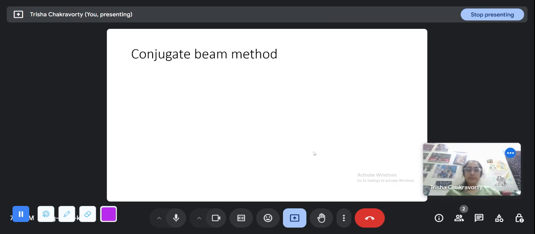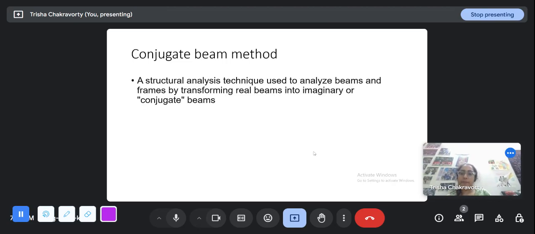Now we move on to the conjugate beam method, a structural analysis technique used to analyze beams and frames by transforming real beams into imaginary or conjugate beams. This is just an idealization; we are not actually converting it. For every real beam, we can construct a conjugate beam with certain pretty straightforward rules.